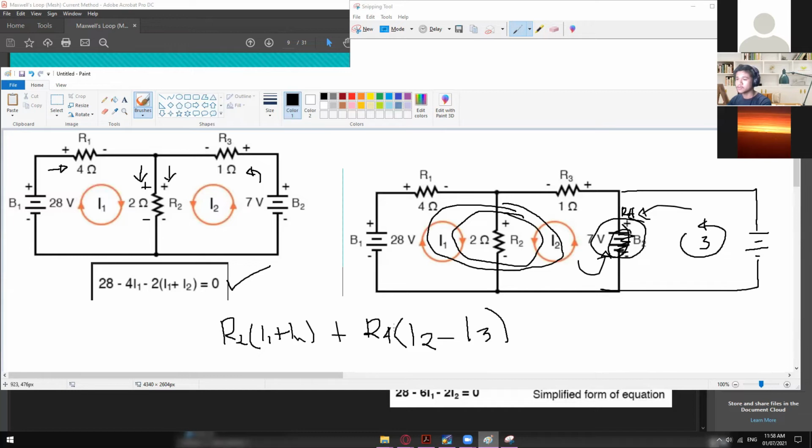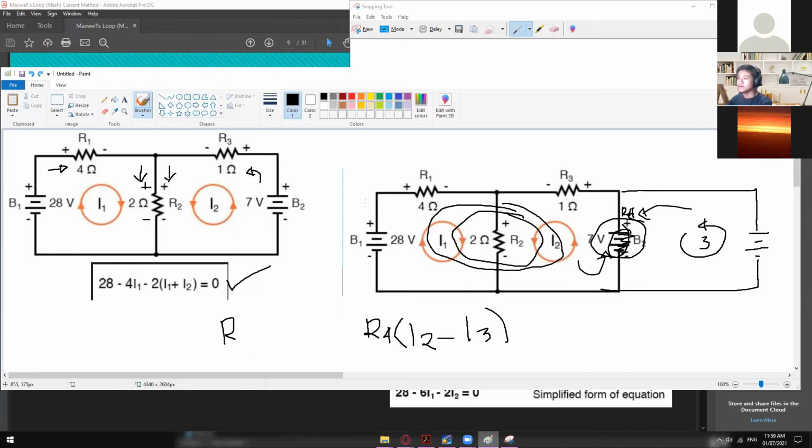That's basically what's happening with your middle part right here. So instead of having two equations, it will give you three equations and three unknowns at the same time. But here, it's two equations and two unknowns only.